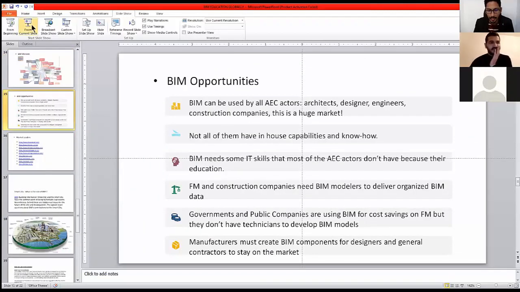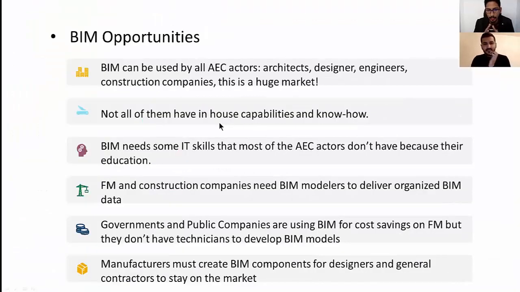The BIM opportunities. I would like to discuss the third point here. BIM needs some IT skills, information technology skills, that most of the AEC sectors don't have because of their education. For example, a lot of schools around the world offer more subjects about how to be an architect, but not how to learn a BIM software.